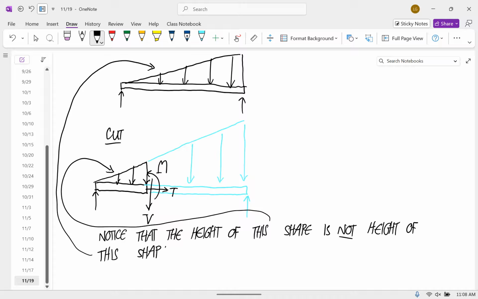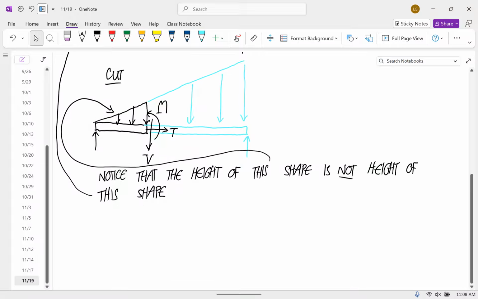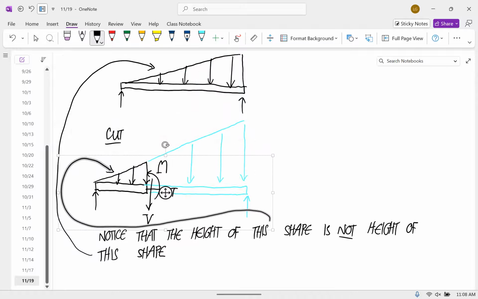Okay. And so what we're going to have to do is come up with a function of x that represents the height of that distributed load at a given value.